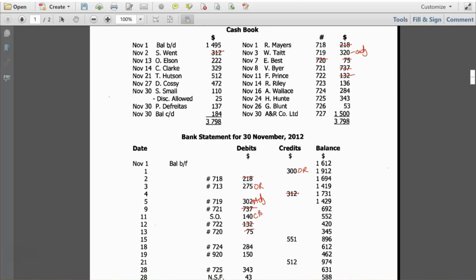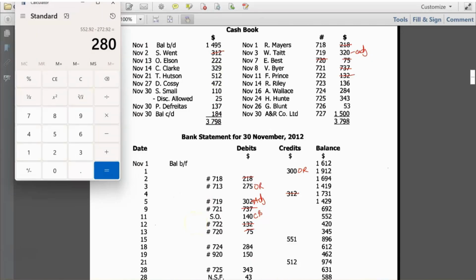We can look at a couple of transactions to see if they do total up to the 551. So we have $222 here and we have $329 following that. So let's total those two numbers and see what we get. 222 plus 329, and yes, we do get the 551.